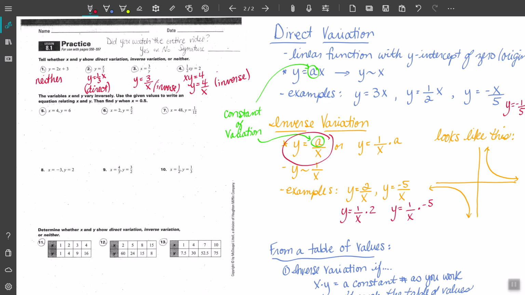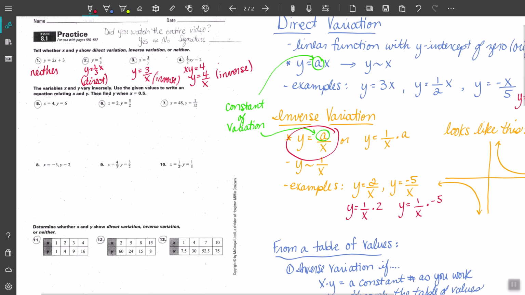Now we can take all of these concepts and move down to number 5, where they ask us to write an equation that relates x and y, and they've told us x and y vary inversely. So if they're going to vary inversely, that means the form this equation is going to take is the inverse form, y equals a over x.